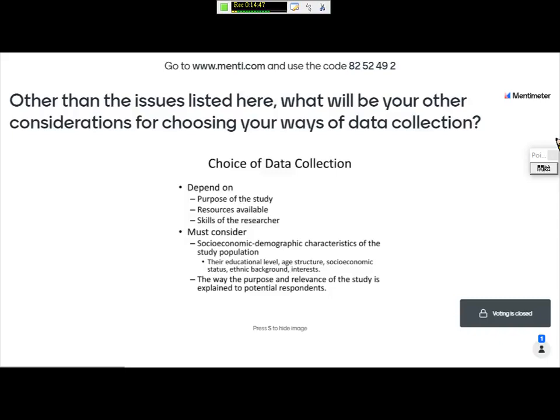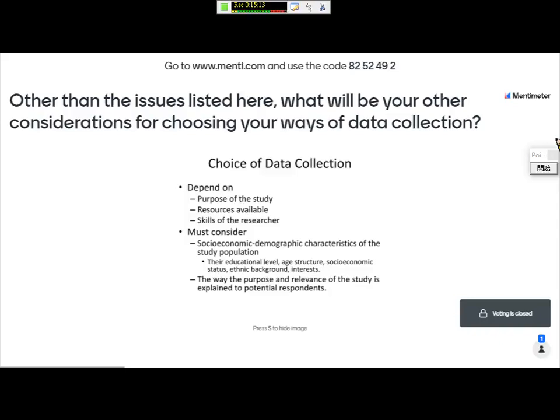Other than the issue listed here, later I will ask you to type your answer, but not now, don't worry. Let's think about the choice of data collection. We have two different kinds of data, primary data and secondary data, right? Primary data, you can use your observation, interview, or questionnaires to collect.